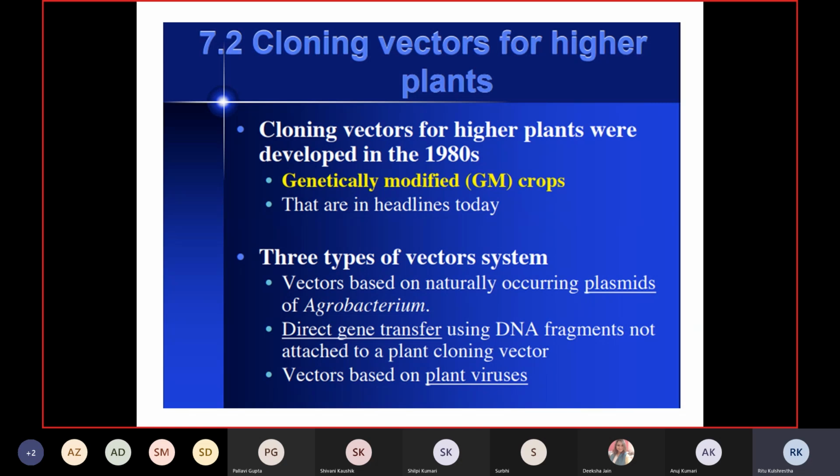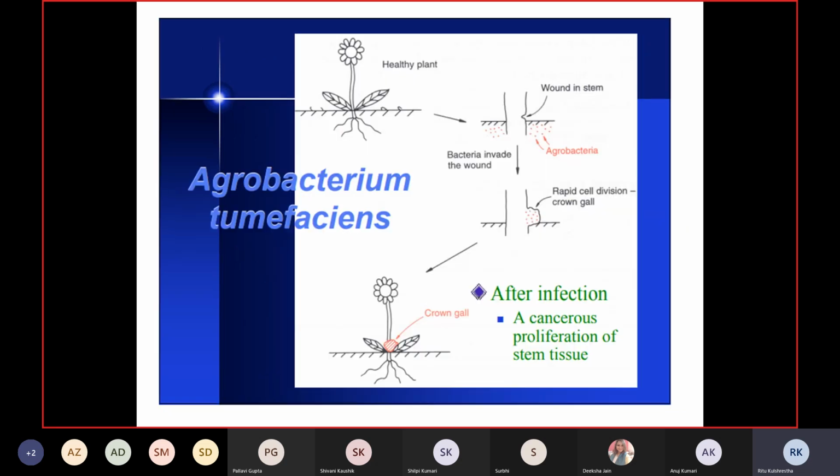We came to know that they exist when we learned that there are certain plant diseases, then we found out why these diseases are there, and it turned out that they are caused by certain viruses. So these plant viruses are transferring their genome into the plants, and yes, even these can be used as plant cloning vectors.